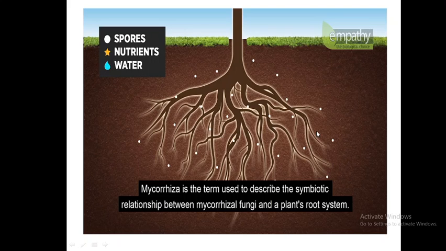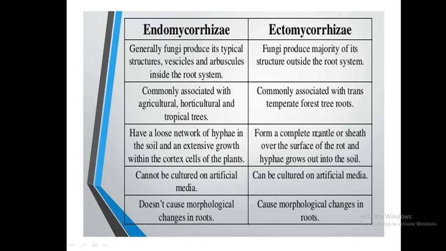Now, let us discuss differences between endomycorrhiza and ectomycorrhiza. Here, these are the differences. In endomycorrhiza, fungi generally produce their typical structures, vesicles and arbuscules, inside the root system. But ectomycorrhizal fungi produce the majority of their structure outside the root system.